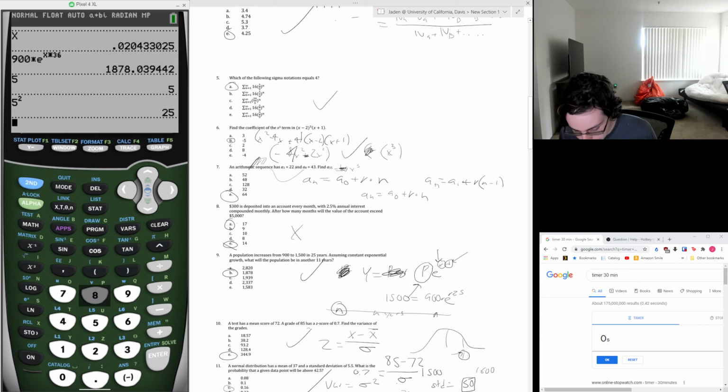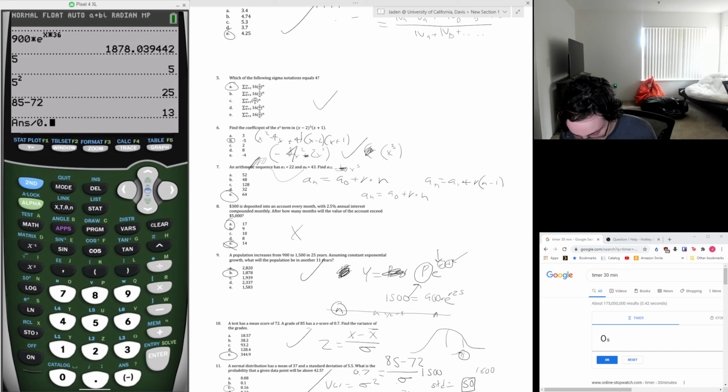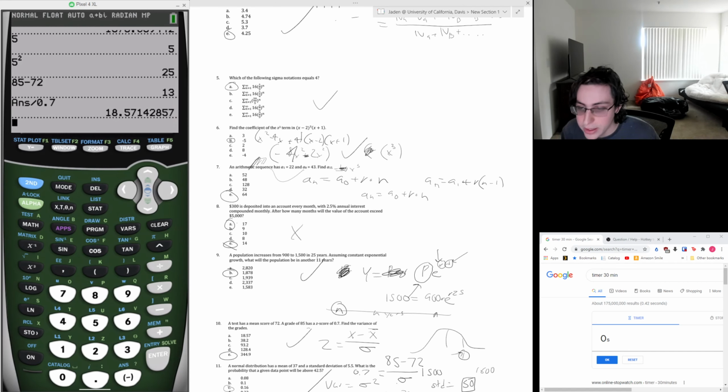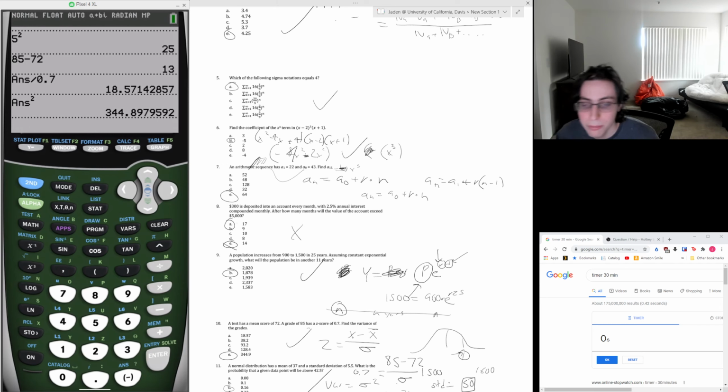If you do that, that gives us a standard deviation of 18.57. Great, we marked that. No, they want the variance. I almost made that mistake. Lucky me. 344.9 once you square that, because squaring the standard deviation gets you the variance. And yeah, that's how you do it.